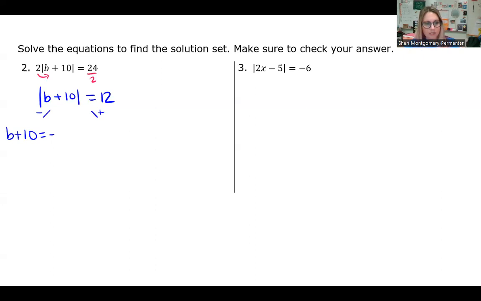B plus 10 is equal to negative 12, and then B plus 10 is equal to 12. There's only one step to get B by itself. What do I do? Subtract 10, very good. And it's going to be the same for both branches.